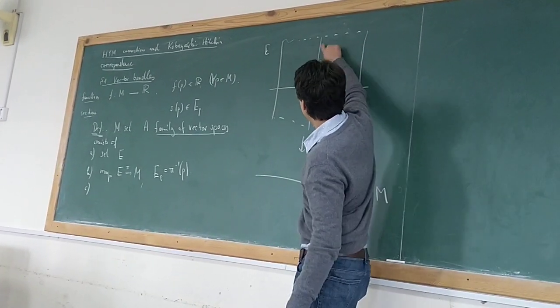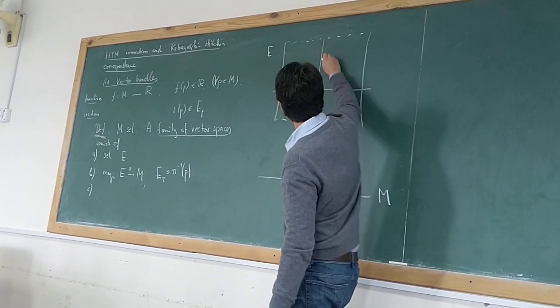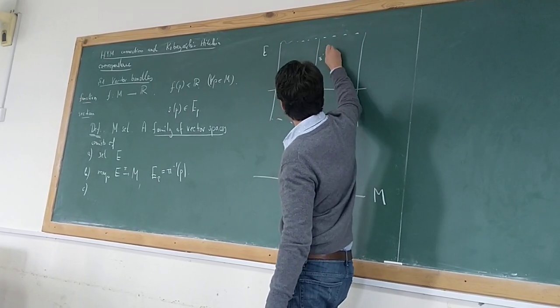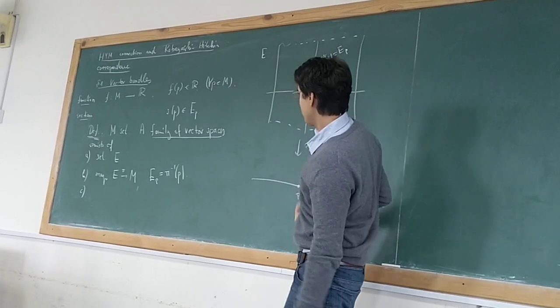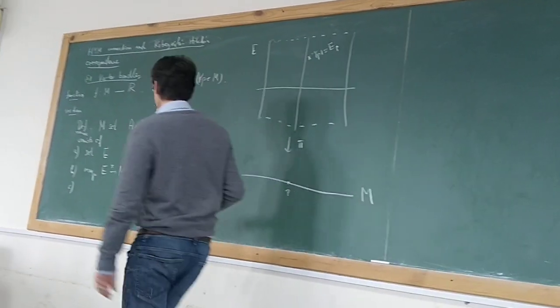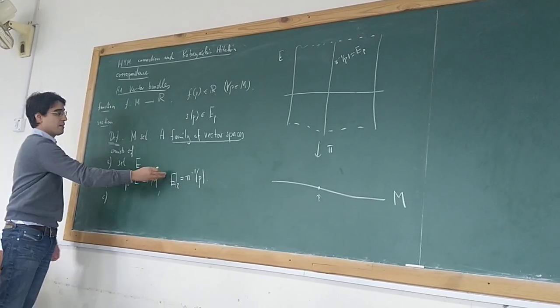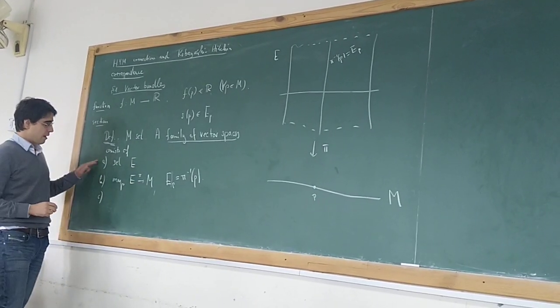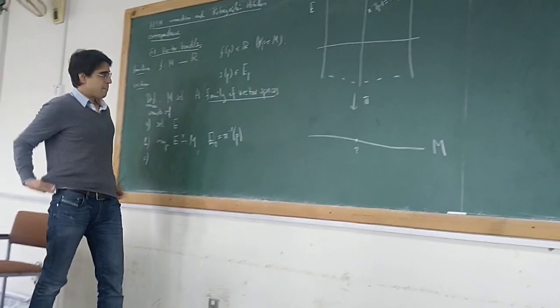So this is the fiber which gets mapped to here. So that would be p. And then this would be the pre-image of the point p, which I also write like this. Or sometimes I will also put something like E restricted to p. Okay, a and b. And well, so far it's just a family of sets.